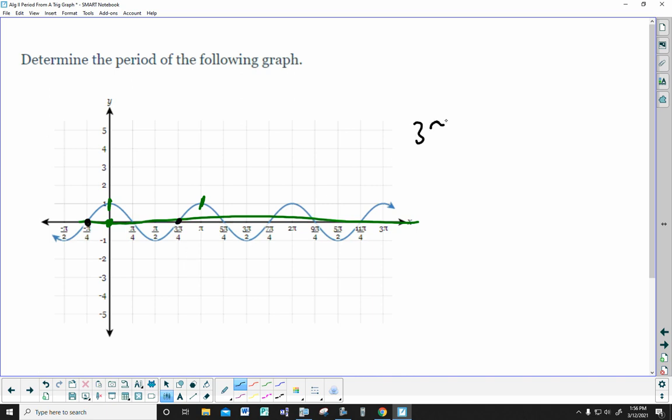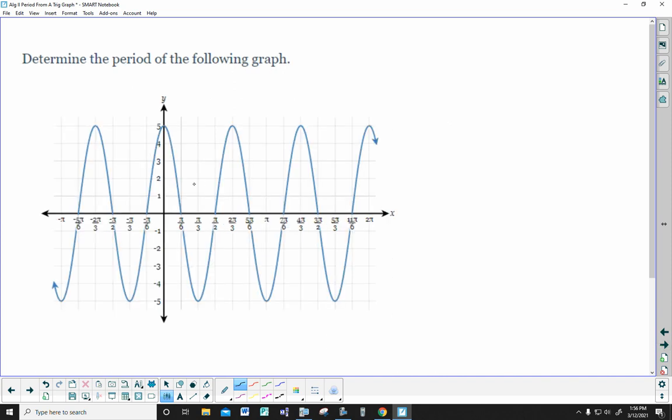So you'd have to go 3 pi over 4 minus a negative pi over 4, which is 3 pi over 4 plus 1 pi over 4, which is 4 pi over 4, which would be pi. So why not just go peak to peak in this case? And there it is, pi. Again, looking at peak to peak, the distance is 2 pi over 3.